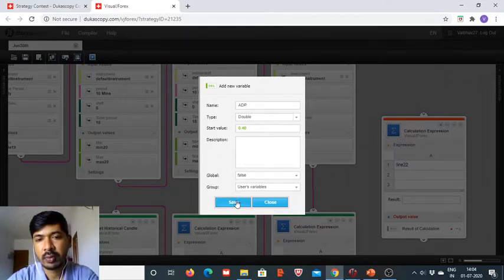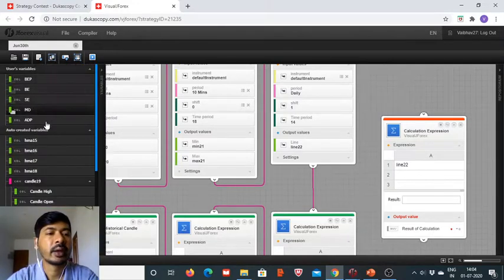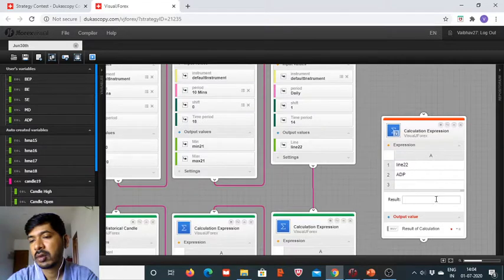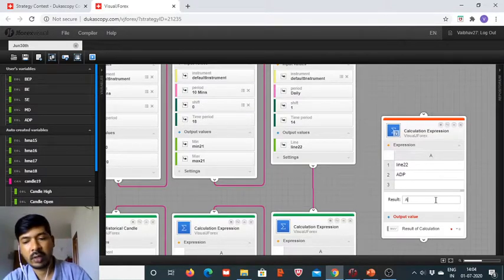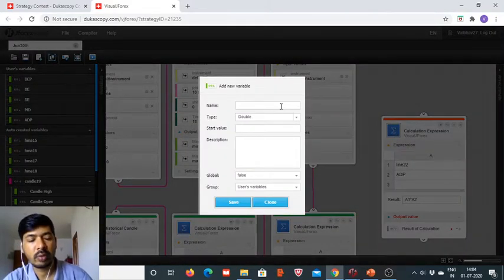Now we have created this variable. Let us get the calculation, and it is going to be A1 into A2, and the result of the calculation is going to be minimum difference MD. Oh, it already exists.